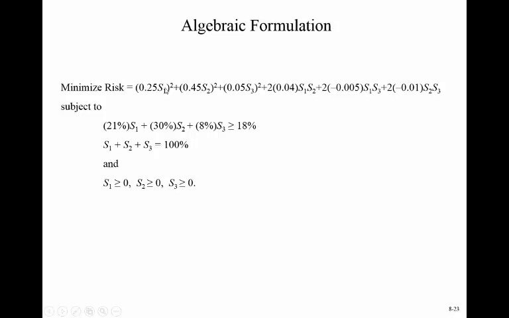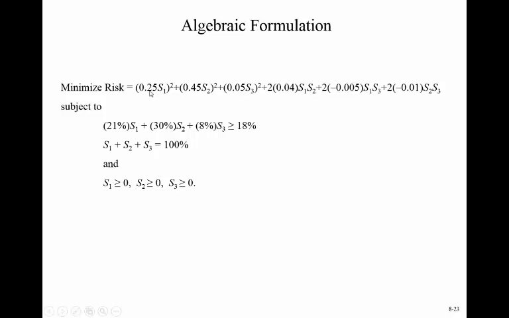S1 is the amount of your portfolio you're going to put in investment 1, and the more you put in there, the more variance it contributes to your overall portfolio from your investment in security 1.